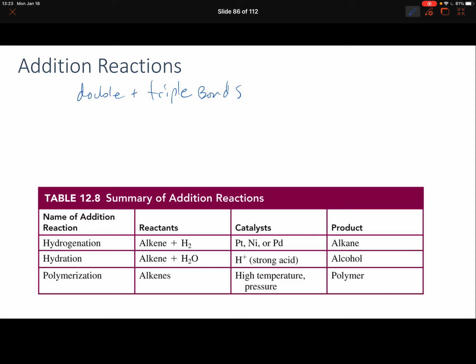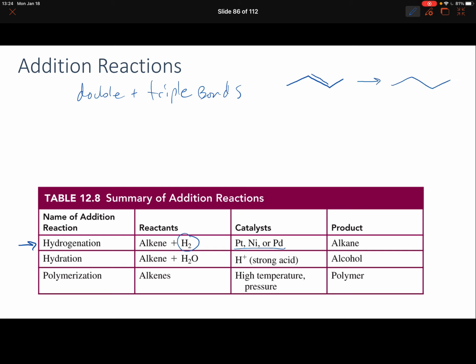They undergo hydrogenation, which is the addition of hydrogen gas in the presence of a catalyst, and it turns the alkene into an alkane. I can show you a little bit: if I have this, it becomes this.